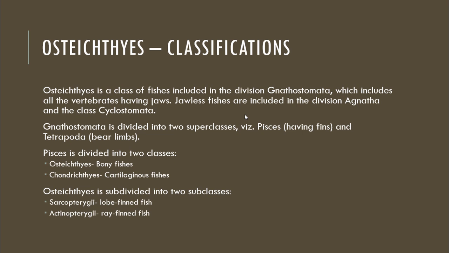I've explained this before. Pisces and what? Pisces basically. And Pisces is Osteichthyes and Chondrichthyes, but we are concerned with Osteichthyes. So we have the Sarcopterygii and what? Actinopterygii, lobe fin fishes and ray fin fishes. That's what you just need to know. Let's not go so deep. There are deeper stuff, so we are just trying to maintain our lane.